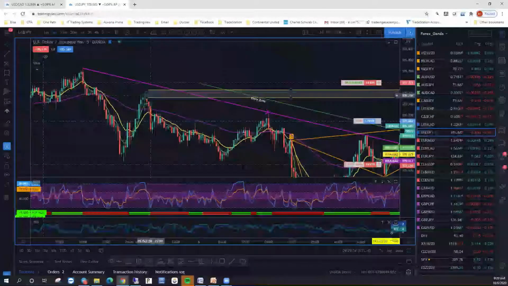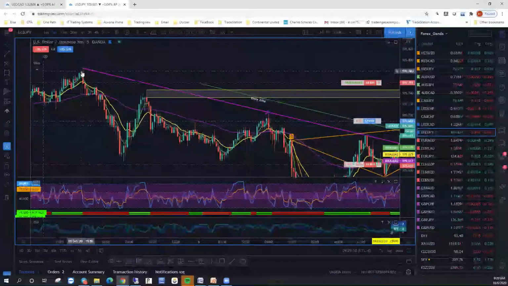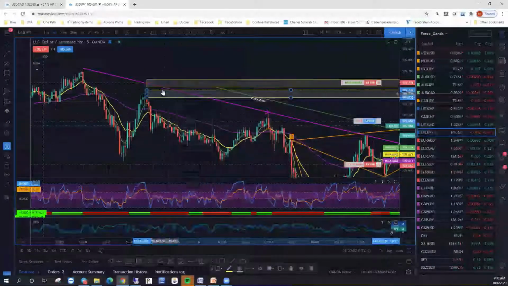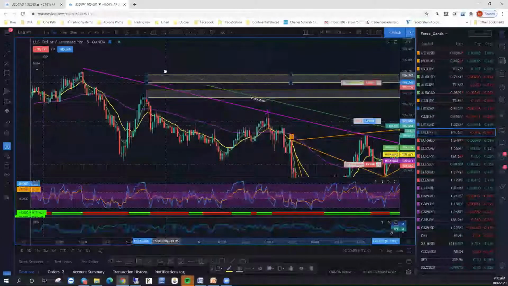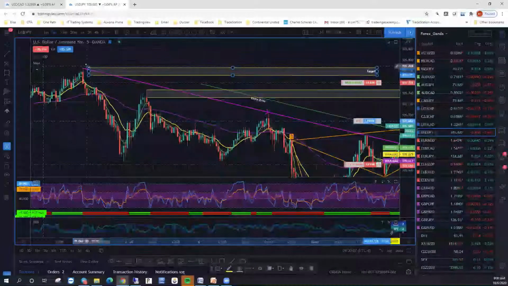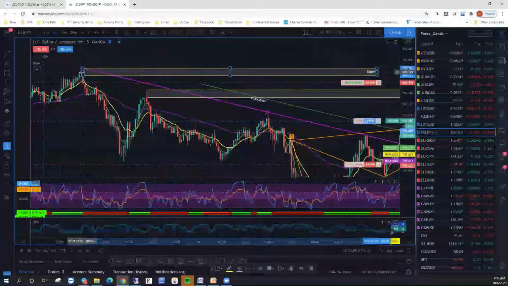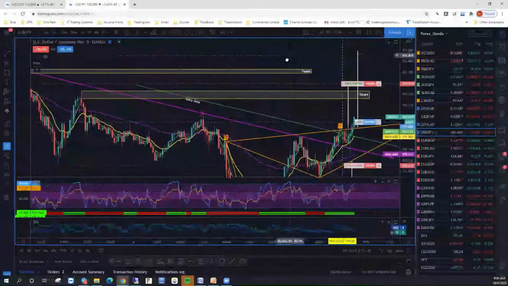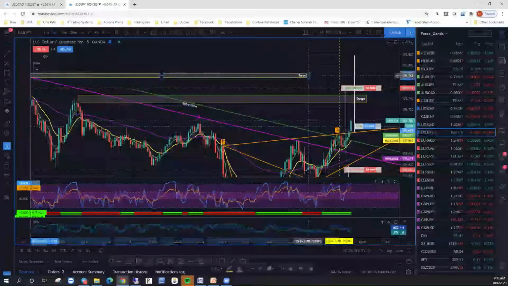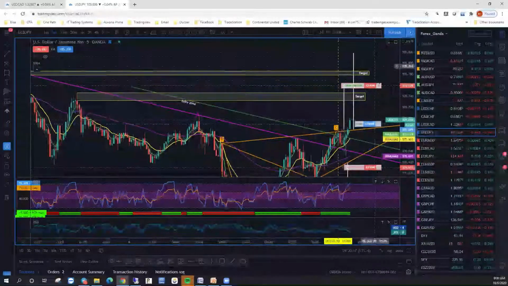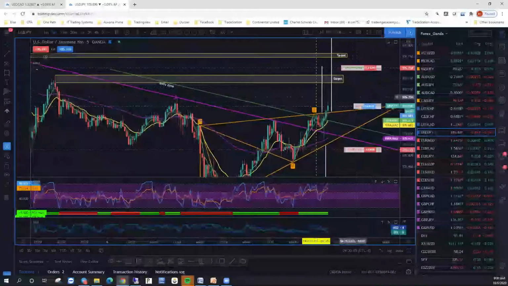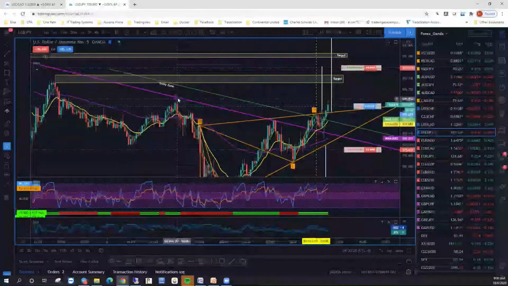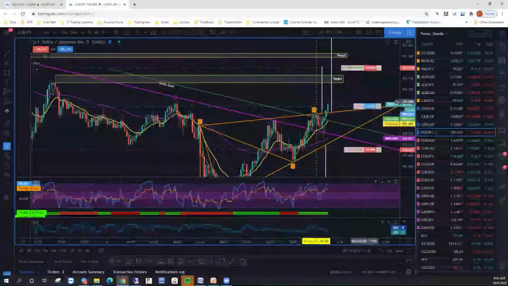And if this area breaks, here's where target 2 is going to be, the next area. I'm going to use the top of this wick to the top of the candle. Move it over the side, and let's see where it takes us. I do want to see it get through this area here.